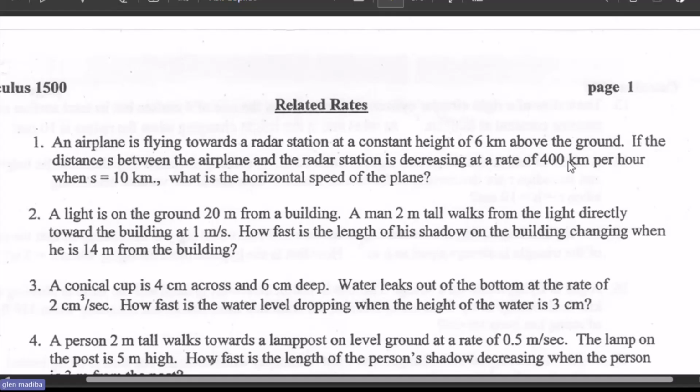The theorem of Pythagoras is saying, according to this diagram of ours, this triangle of ours, x squared plus y squared equals s squared. Remember, s is our hypotenuse.